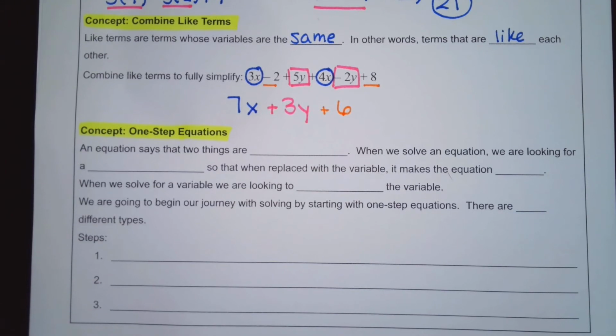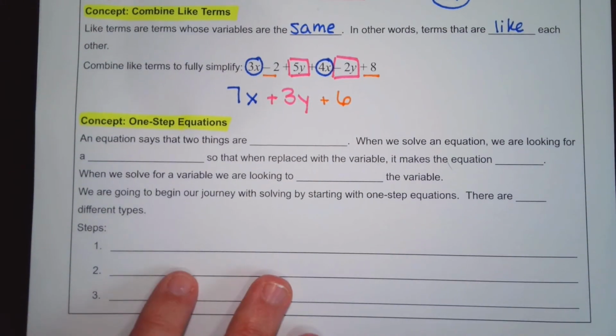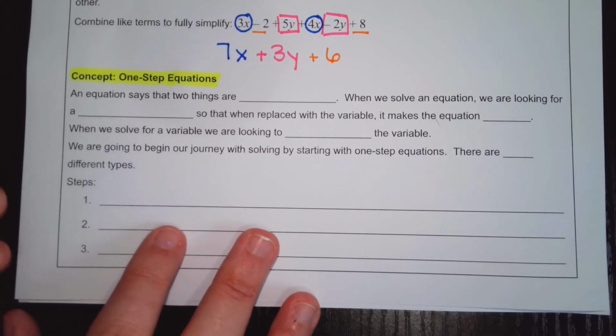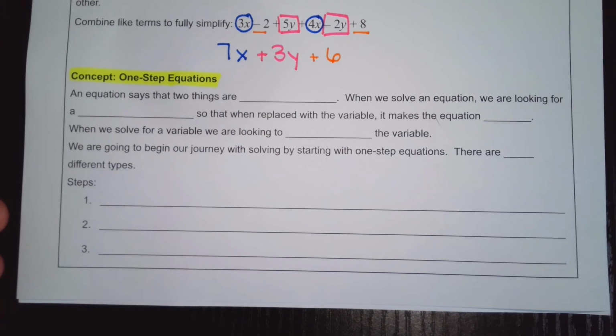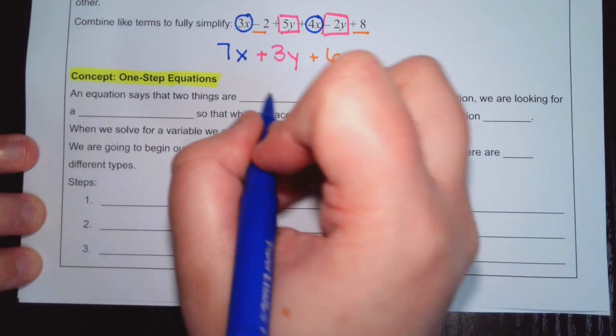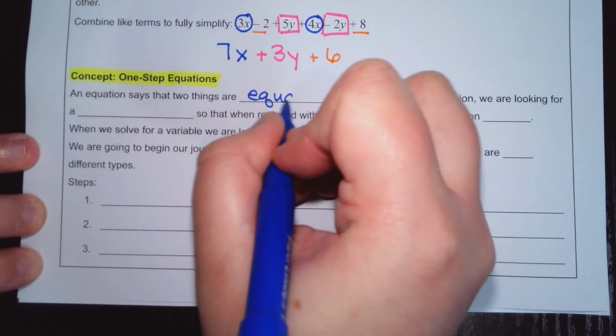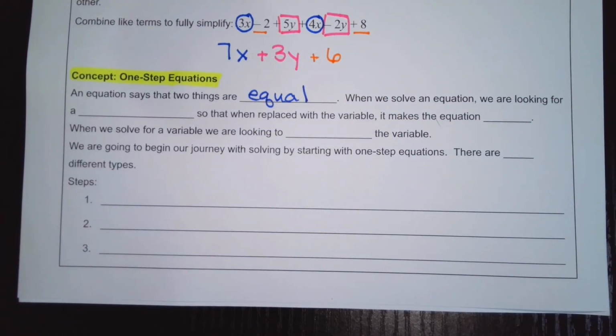So those first two concepts were the little ones. We are now going to get into the big concept today, which is one-step equations. So an equation says that two things are equal. So that's how we know it's an equation. There's an equal sign.